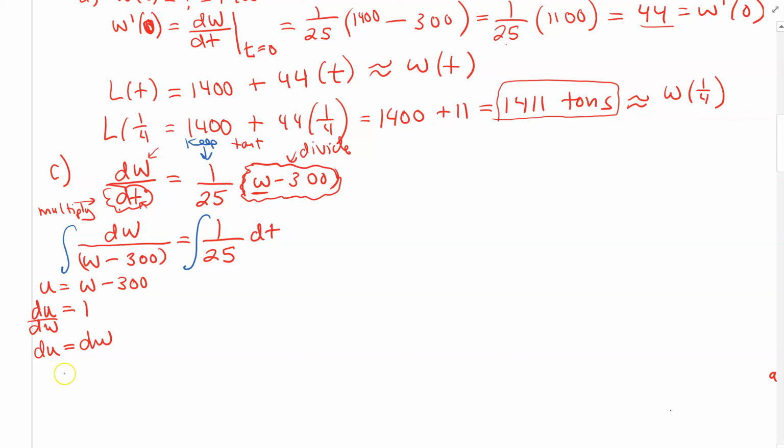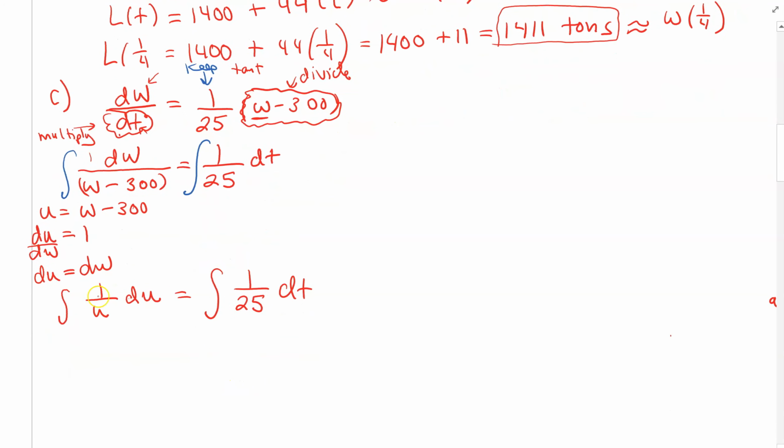So this integral on the left is 1 over u, right? Instead of 1 over w minus 300, I'm going to call that u times du, because instead of dw, I'm going to use du. And then on the right side, meanwhile, we still have 1 over 25 times dt.